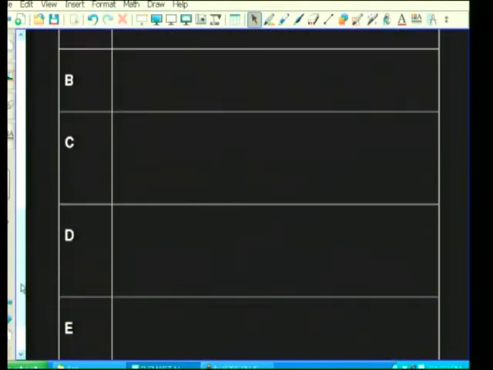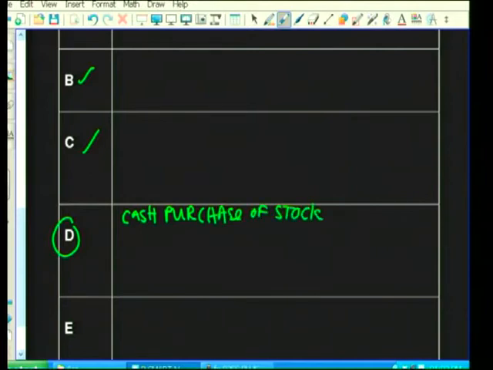Okay, and we're busy with D. We've done all of these. Let's now move on to D, and D is my cash purchase of stock. Okay, and let's now go to my information one more time.